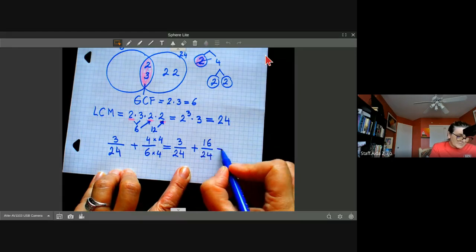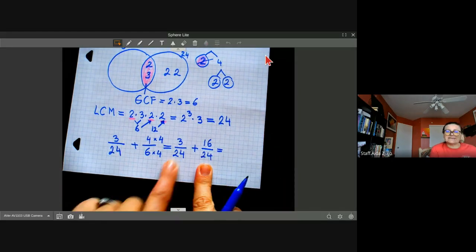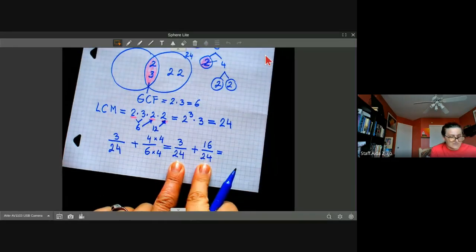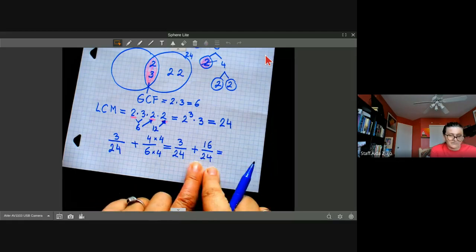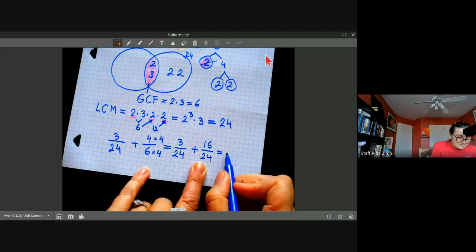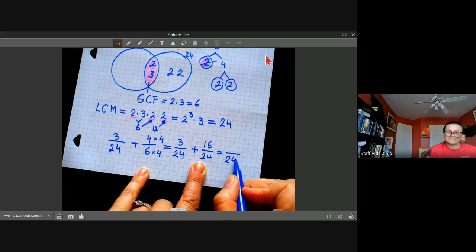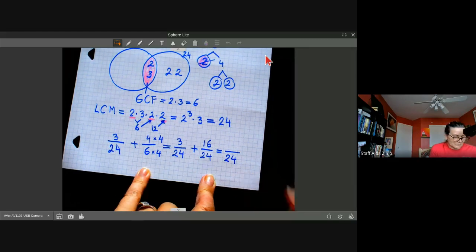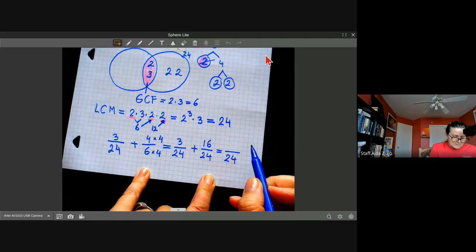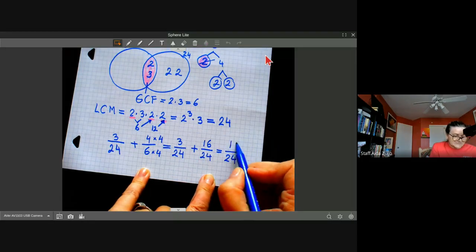Now I have both fractions with the same denominator. Now I have 3/24 and add to it 16/24. So how many 24ths is it going to be, Alexander? 16 plus 3, 19. 19 24ths.